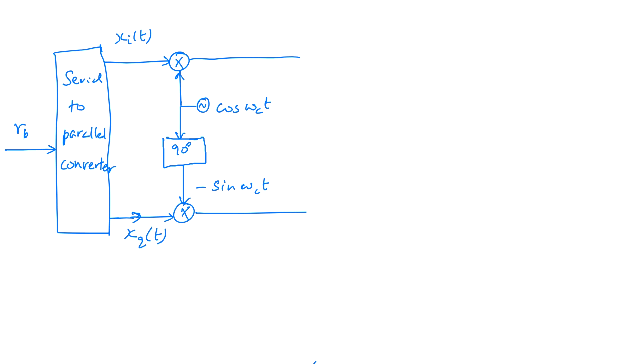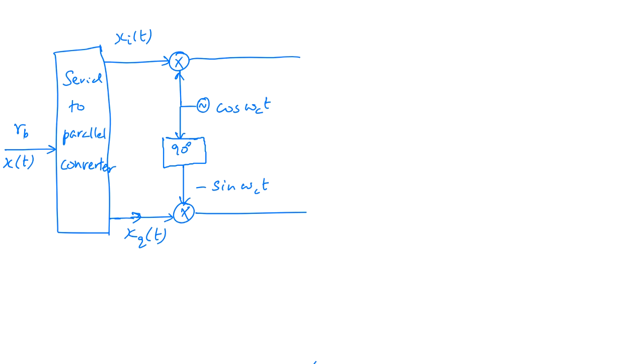So the original information that is coming in, we'll simply call it x of t. The bit stream that is coming in, we will divide into two parts. One is called xi of t, the other is called xq of t. And then xi of t modulates the cosine carrier, xq of t modulates the sine carrier.